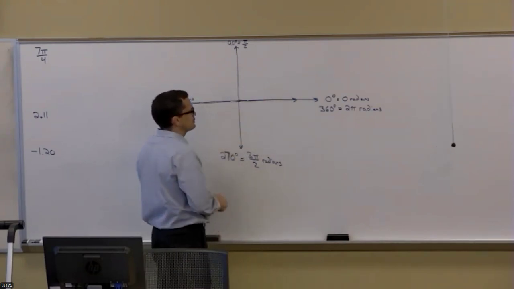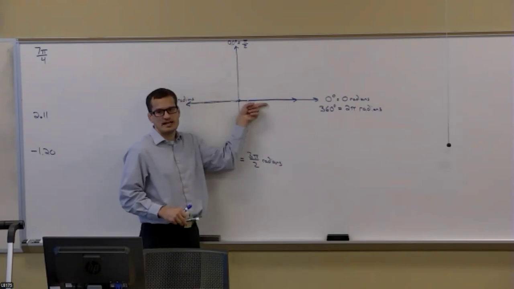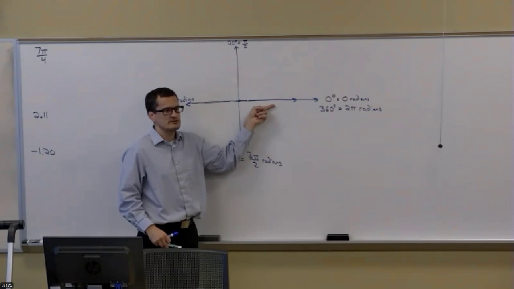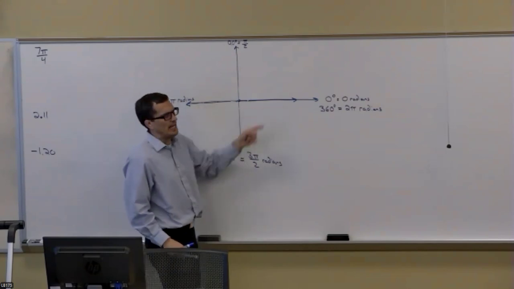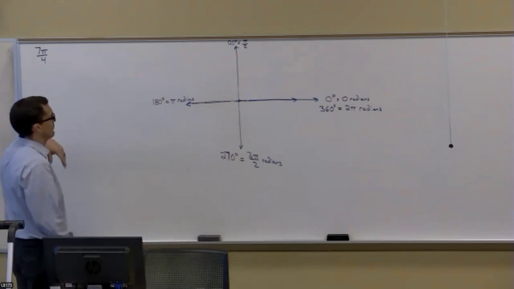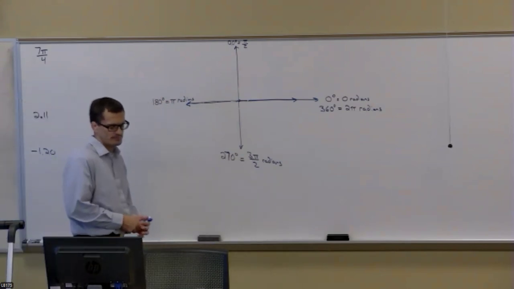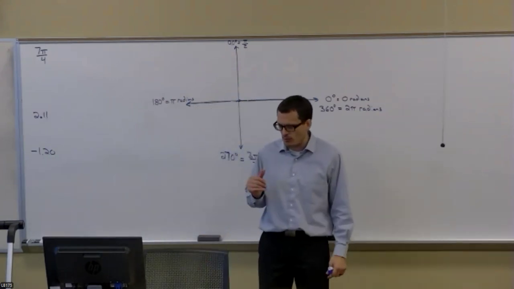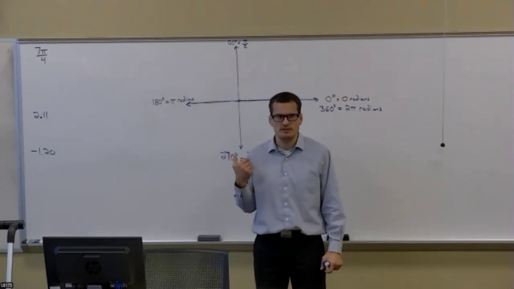Remember, the initial side of the angle is along the x-axis pointing to the right. That's our standard starting place for the angle. If we have 7 pi over 4 radians, that's like 5.50 rounded.